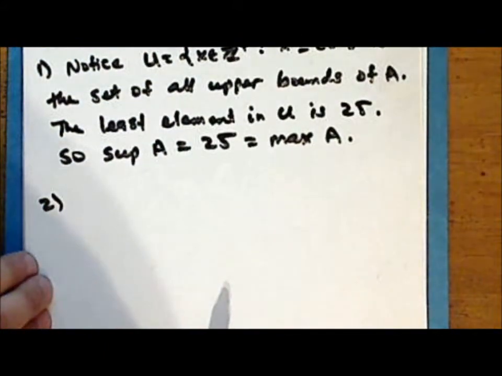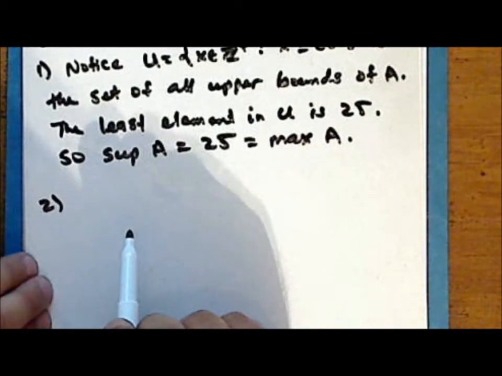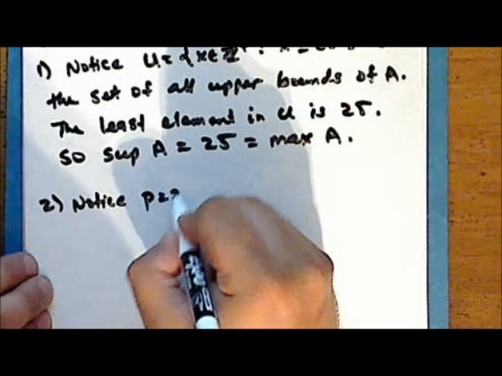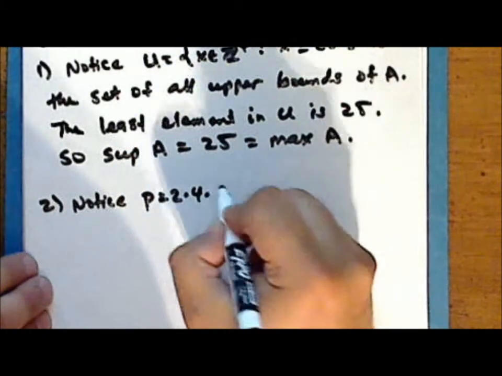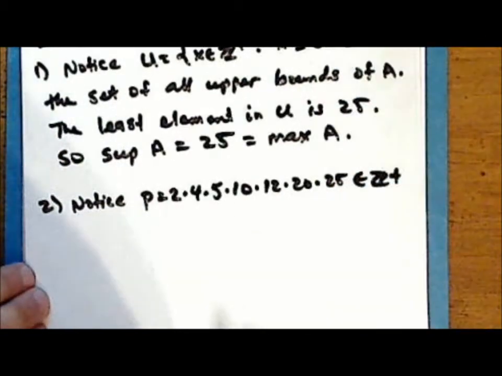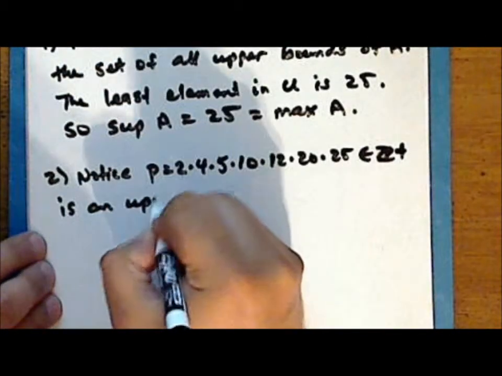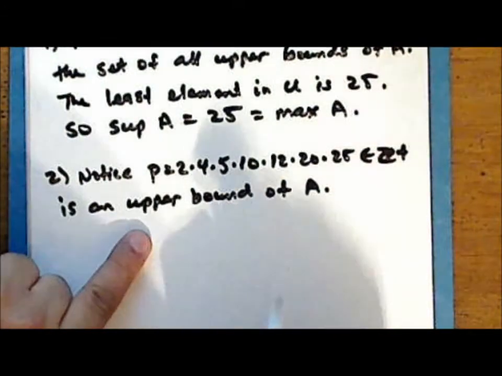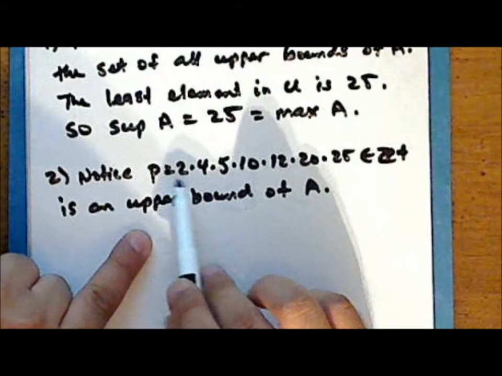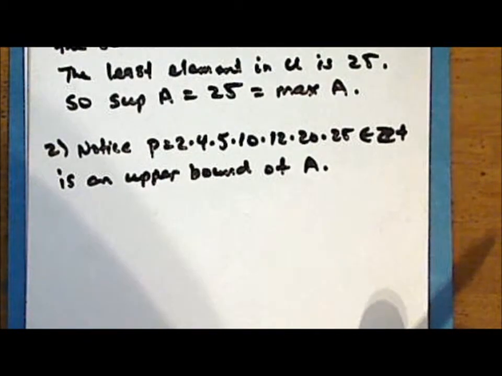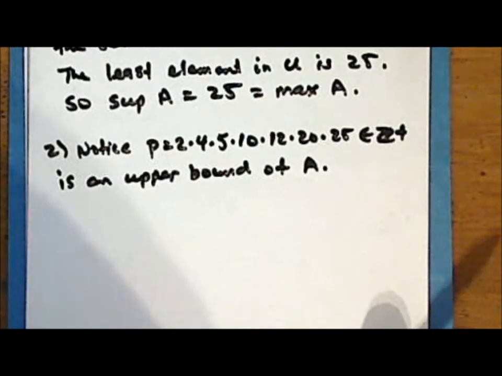Now for the set A as a subset of the positive integers with the relation divides, notice that the product P of all the elements in the set A, the product 2 times 4 times 5 times 10 times 12 times 20 times 25, is a positive integer and is an upper bound of the set A, since it is divisible by every element in the set A. Now, from number theory, we know that the least integer that is divisible by all the elements in a given set of positive integers is called the least common multiple.